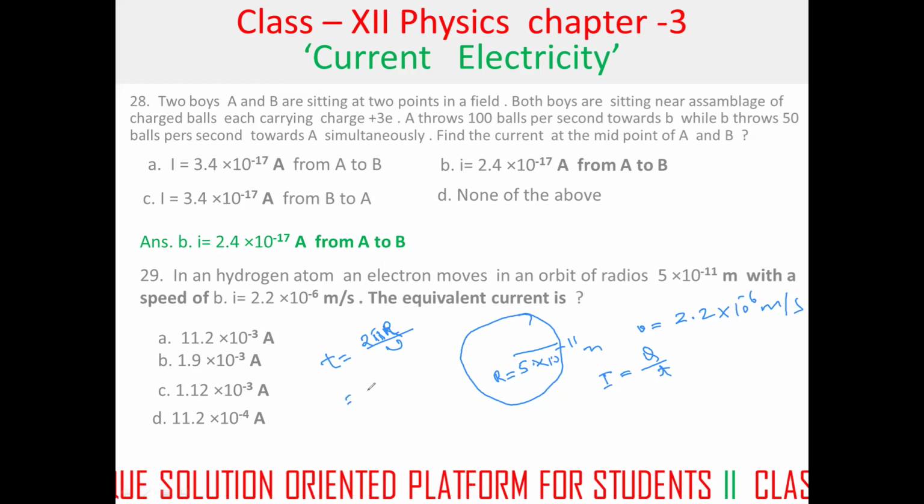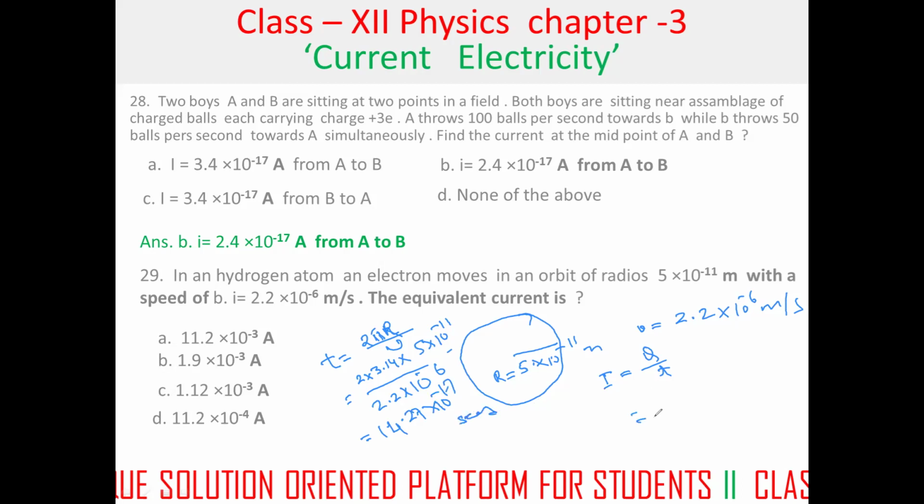So on calculation, it is coming 2 into 3.14 into 5 into 10 to the power minus 11 divided by 2.2 into 10 to the power 6, which is around 14.27 into 10 to the power minus 17 second.